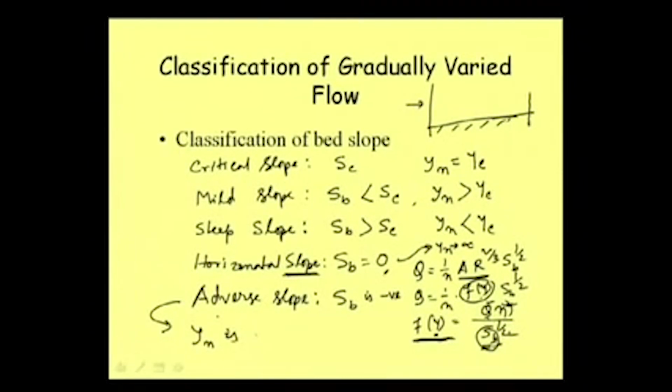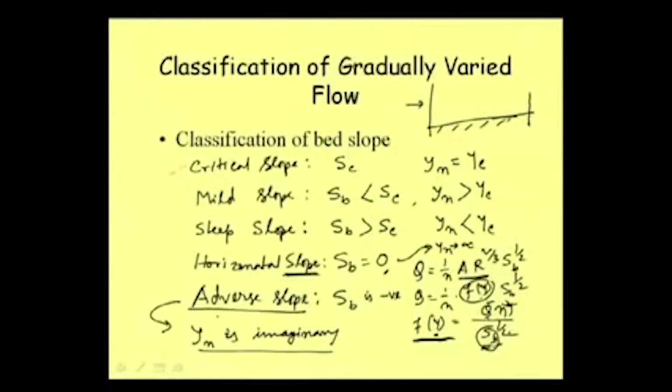So, this yn is imaginary, that we can write for adverse slope. So, these two are the special cases: for adverse slope yn is imaginary, and for horizontal slope yn is infinity.